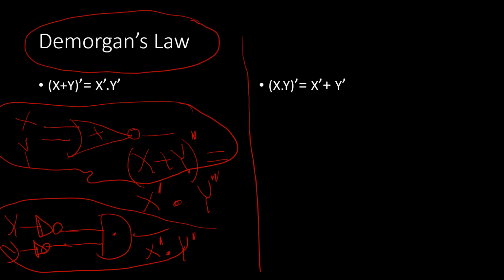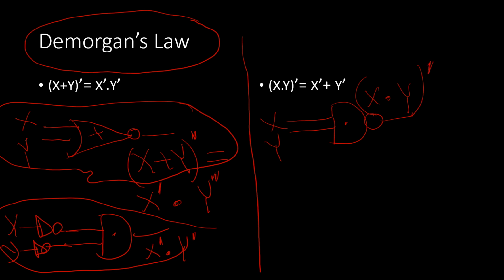Similarly, this is applied for the NAND operation. This means if I have a NAND operation, X and Y are NANDed together. So what is happening?